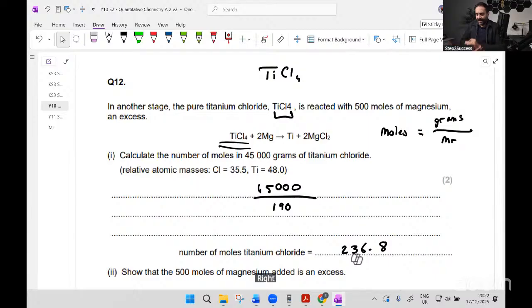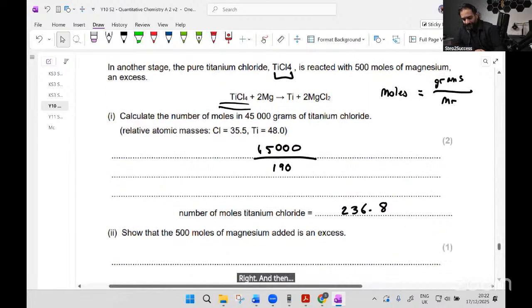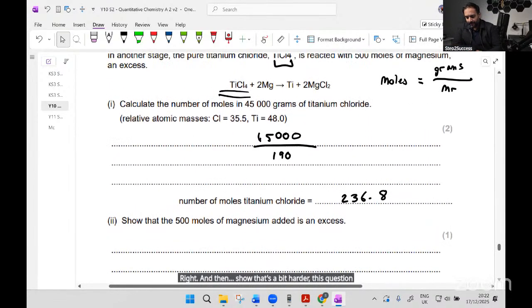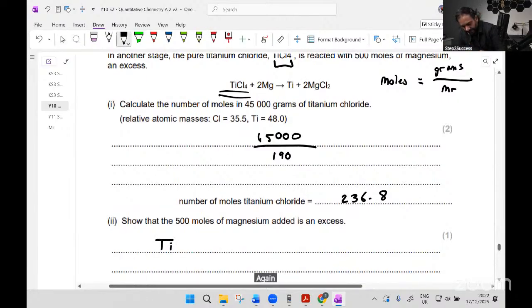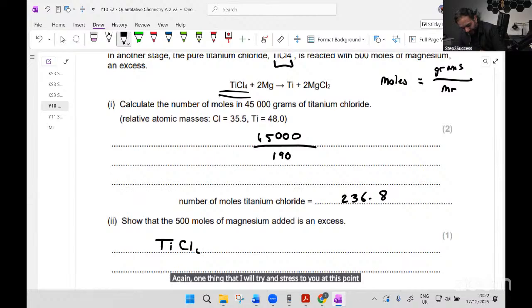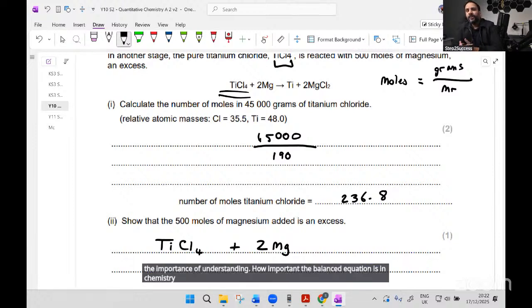Right. And then, this is a bit harder, show that the 500 moles of magnesium added is an excess. Again, one thing that I will try and stress to you at this point is the importance of understanding how important the balanced equation is in chemistry. Sometimes we gloss over it and go, well, it's just the equation. We don't look at it properly.